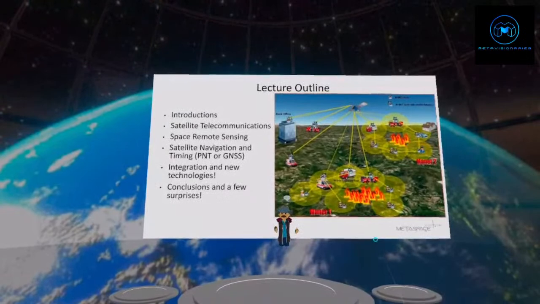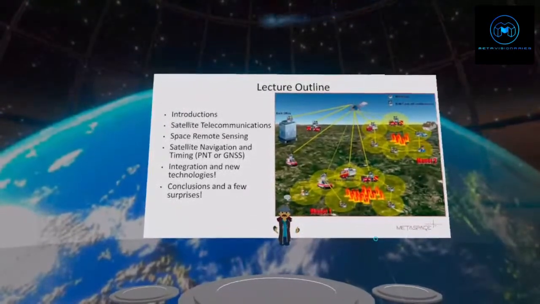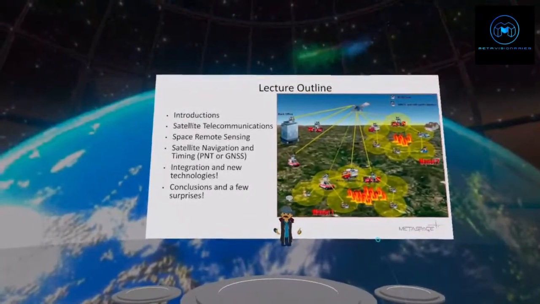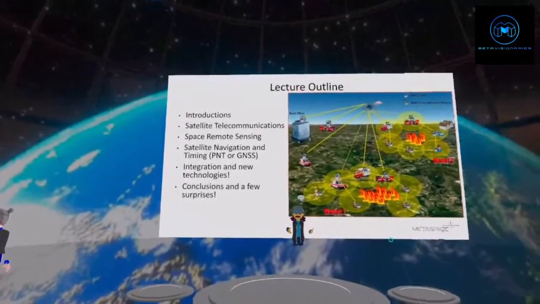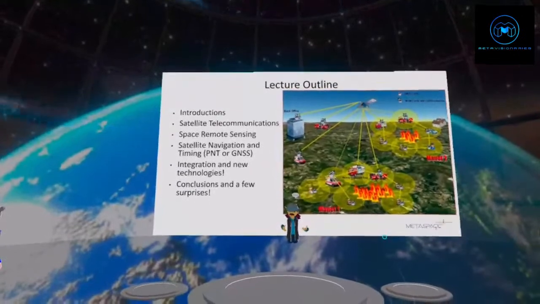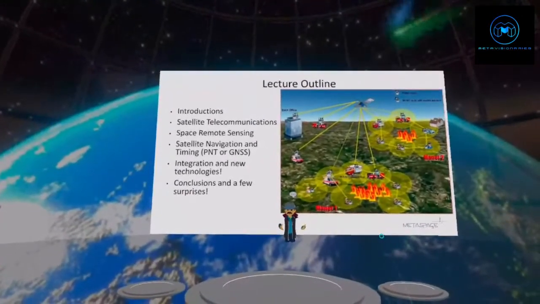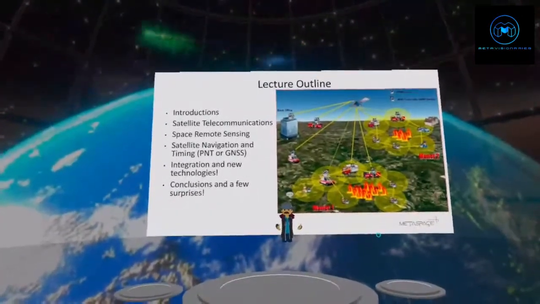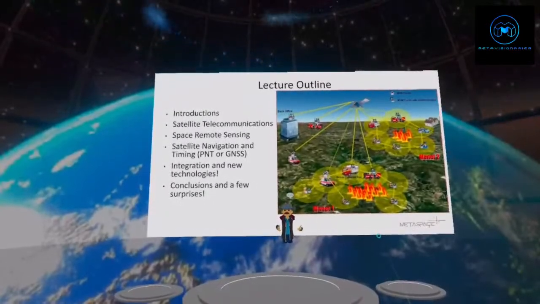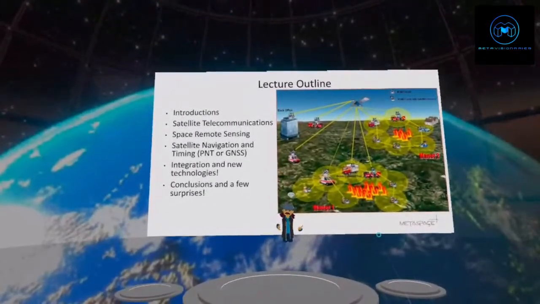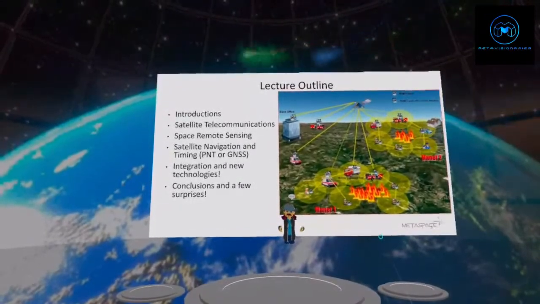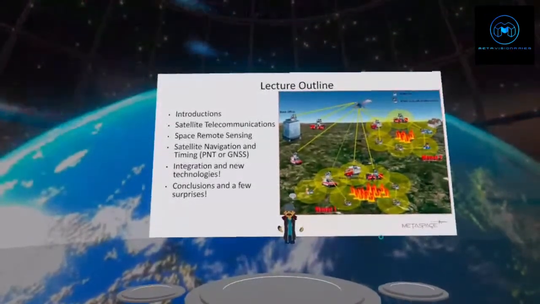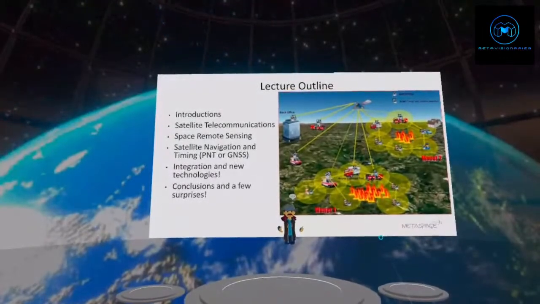And this picture that you're looking at here is a real life example of how in California, NASA has worked together with federal, local, and state fire activities to incorporate all of these things: satellite telecommunications, remote sensing, positioning, and navigation into our ability to fight forest fires.